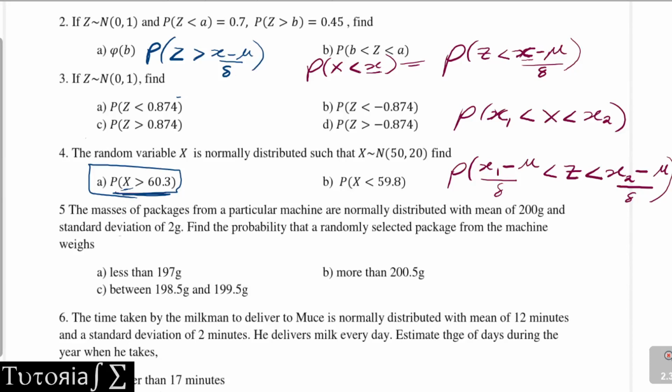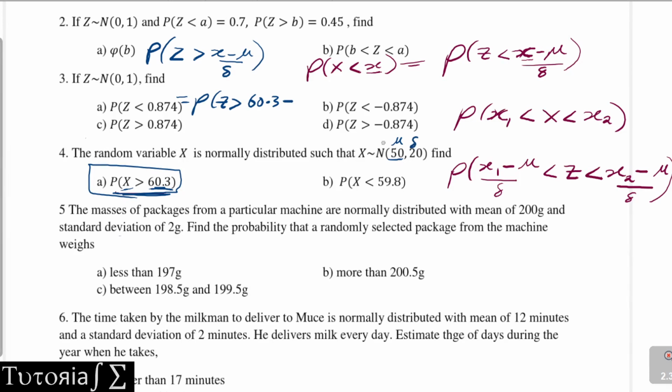So this will be the probability of z greater than, where x is the value that is here, 60.3, minus the mean. Remember we said for a normal distribution, the first variable represents the mean and the second variable represents the standard deviation.